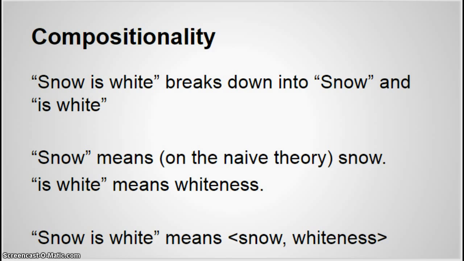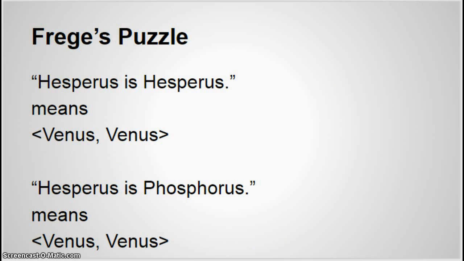Now, Frege's puzzle comes first. We think about it from this position. Remember, we're talking about Hesperus and Phosphorus, where Hesperus is the evening star, and Phosphorus is the morning star. Now, it turns out that both of these names refer to the planet Venus, but the ancient Babylonians didn't know that, right?